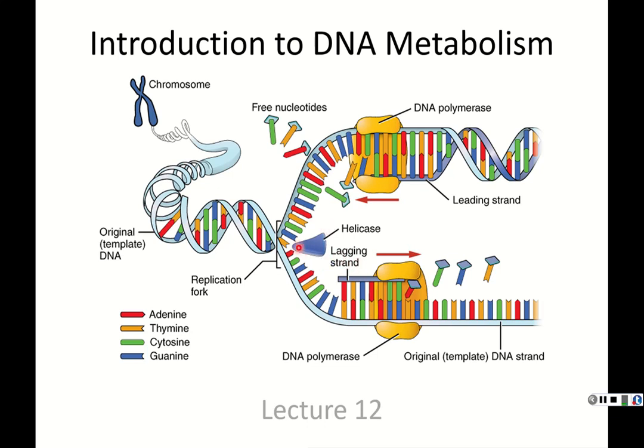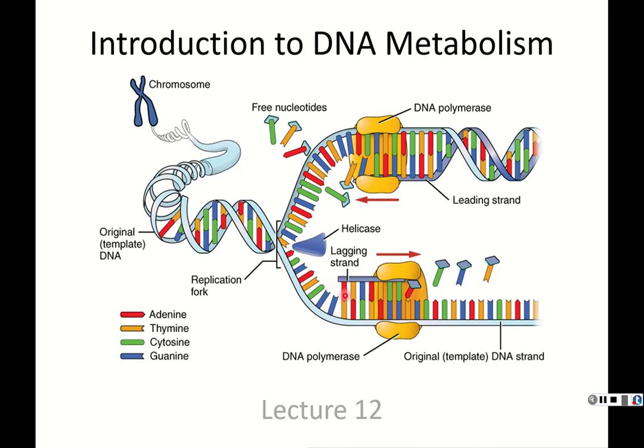You have a helicase, which is unwinding the DNA, and then you have DNA polymerase on each strand. What's called the leading strand just continues to get replicated in the direction that you're unwinding the DNA, and the lagging strand, as you can see, is going the opposite direction, right?